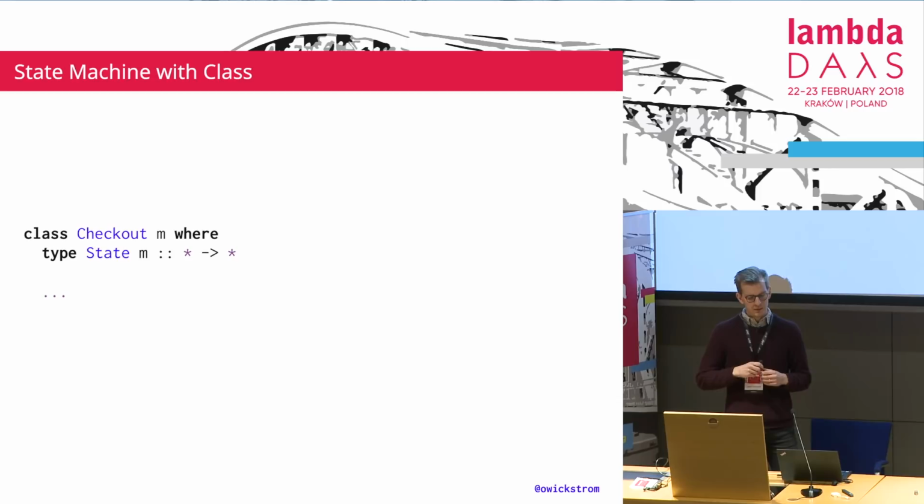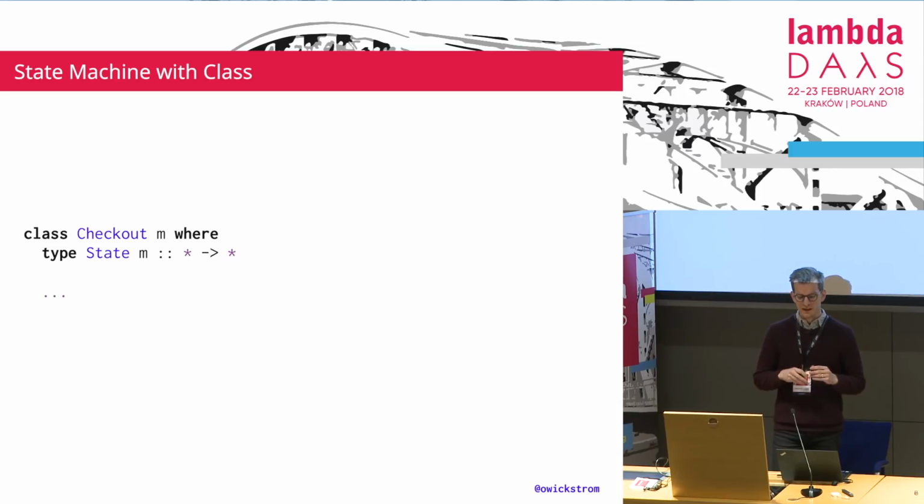Then we define this checkout type class, which will contain all the events and the transitions. The associated type State of m has kind star to star. And how many of you here are familiar with kinds in Haskell? Okay, almost half. That's good. A kind signature like this, you can think of it as a function from one type to another.